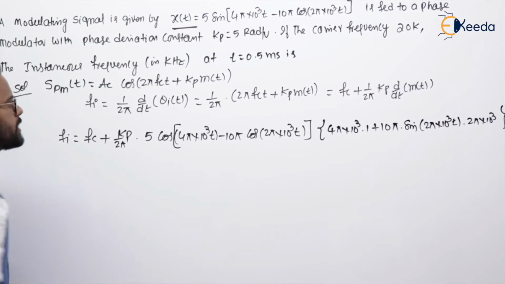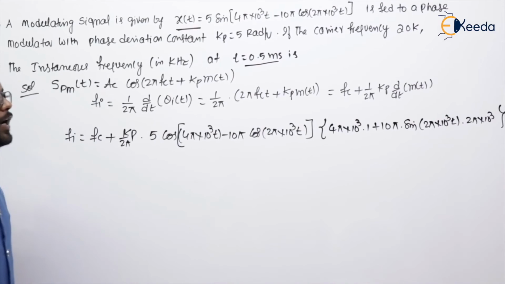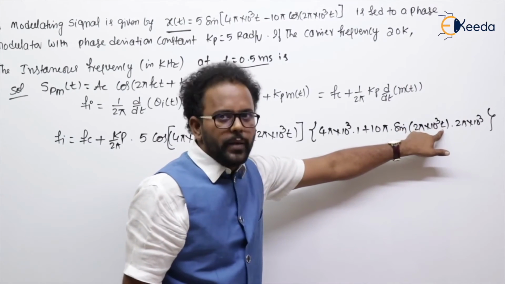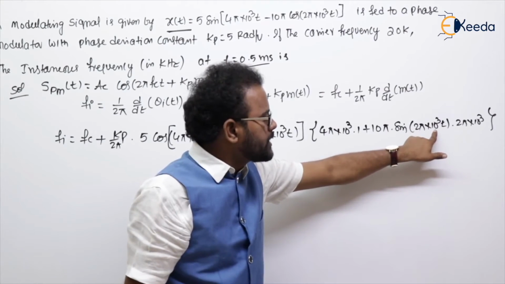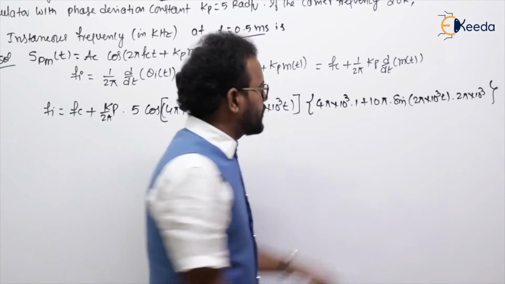Where he is asking this value at 0.5 milli. Substitute t value 0.5 milli. If you substitute t value 0.5 milli, milli and the cube cancelled, 0.5 into 2, 1, sin pi is 0.